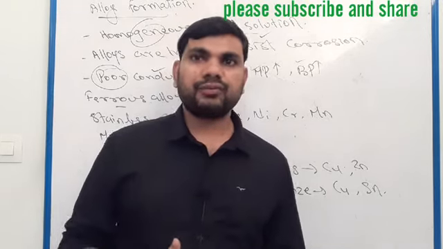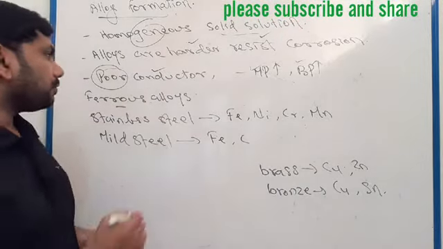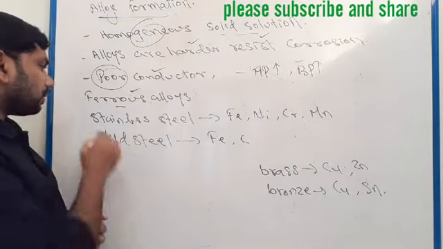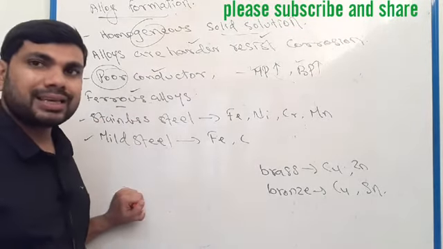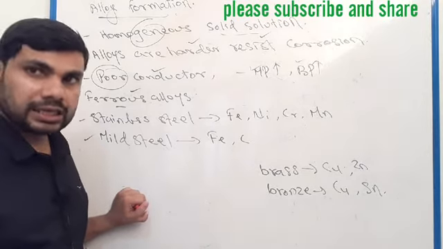Here are some examples of alloys. Ferrous alloy means alloys of iron. We have to remember two important alloys of iron: mild steel and stainless steel.